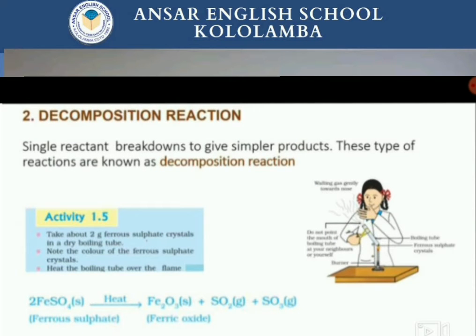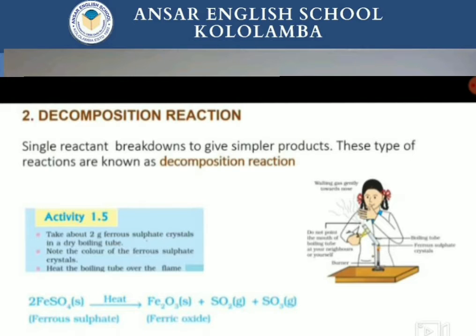The next reaction is decomposition reaction. What is decomposition? Decomposition means breakdown. Here a single reactant breaks down to give simpler products. This type of reaction is known as decomposition reaction.